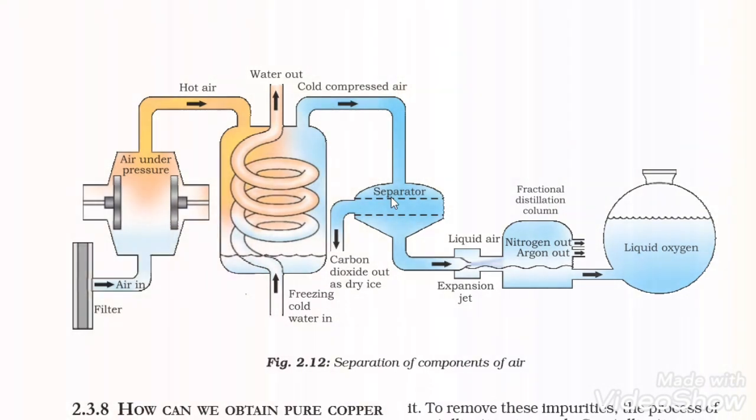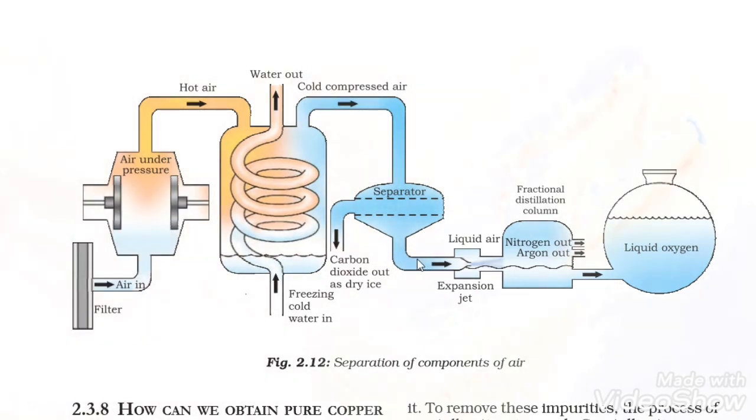You know, when carbon dioxide gas is cooled, it converts into dry ice. So from this separator, carbon dioxide is separated through this opening in the form of solid, that is, in the form of dry ice.